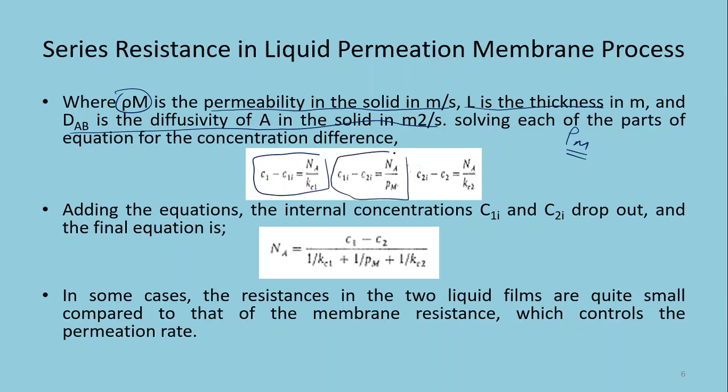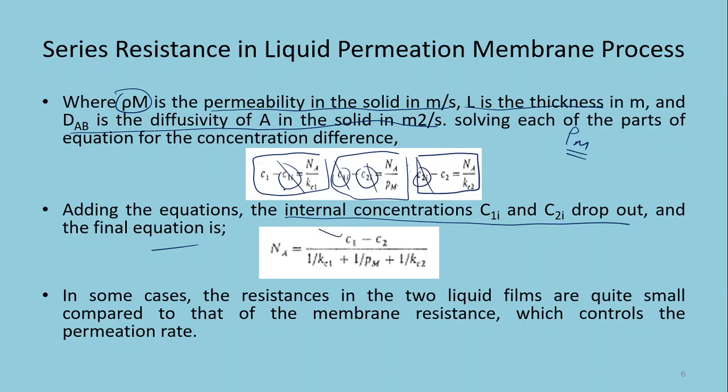So there are three equations we can get with the help of the previous one. What happens if we add all these three? The internal concentrations C1i and C2i drop out: C1i cancels with C1i, and C2i cancels with C2i. So overall you get C1 minus C2.